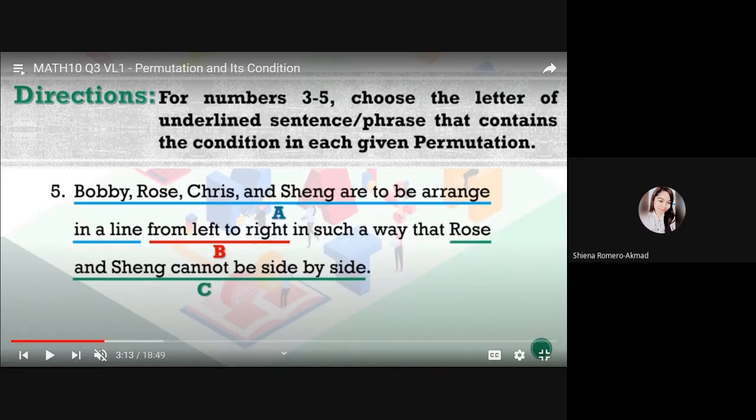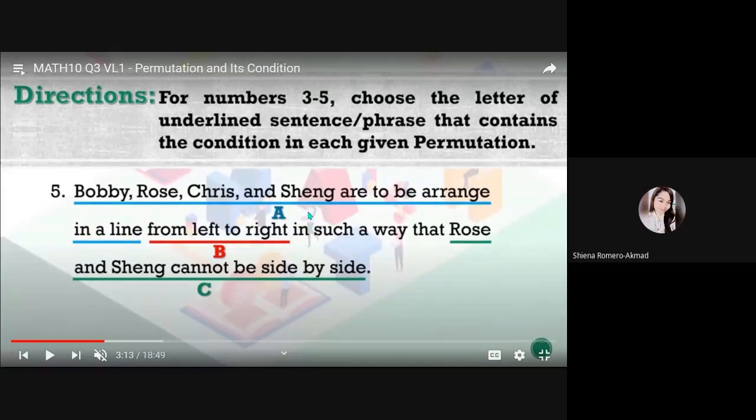Ano po, feeling ko po letter C kasi unlike po sa A and B, sinasabi lang po yung Bobby, Rose, Chris, and Sheng na sa line lang po, hindi po specific. Sabay yung sabi naman po, from left to right naman po. So yung C po yung feeling ko na correct answer, na Rose and Sheng cannot be side by side, kasi po andun po yung conditions po na bawal po sila side by side.